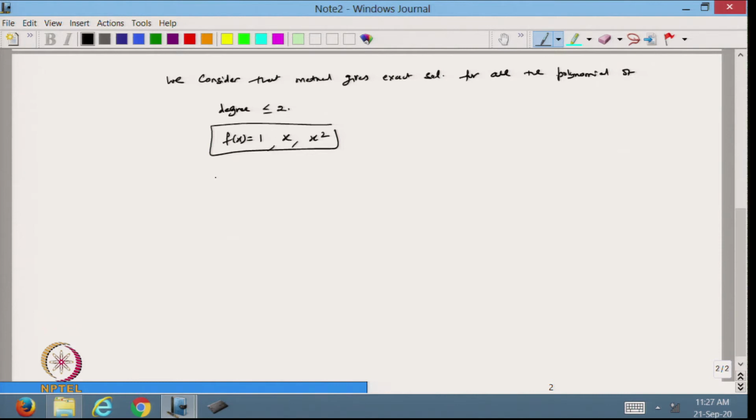So, let us start doing that. Now we consider the function f(x) equal to x raised to power r, and for r I will apply 0, 1 and 2, as we have already discussed.